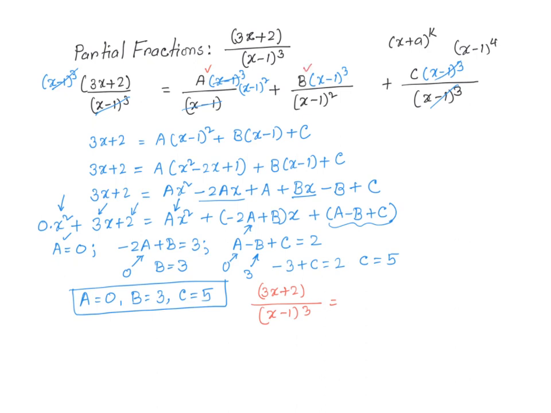B over (x minus 1) whole square, so B is 3, so it's going to be 3 over (x minus 1) whole square, plus C over (x minus 1) whole cube, and C is 5, so it's going to be 5 over (x minus 1) whole cube. And that, by the way, is your final answer, the partial fraction of the given expression, 3x plus 2 divided by (x minus 1) whole cube.